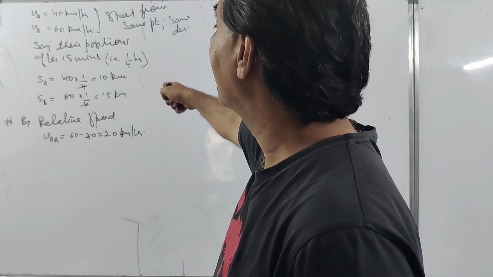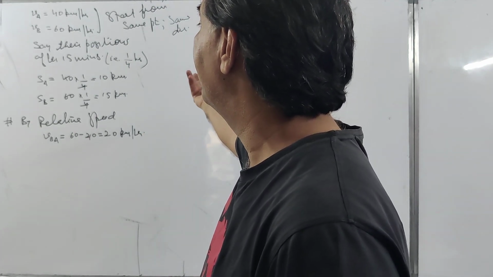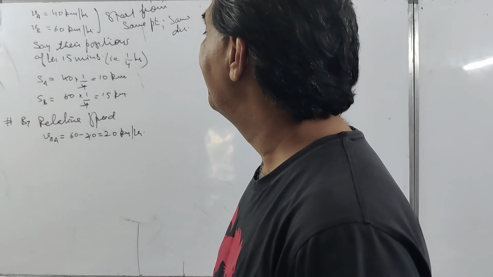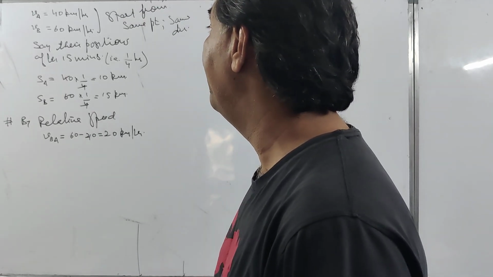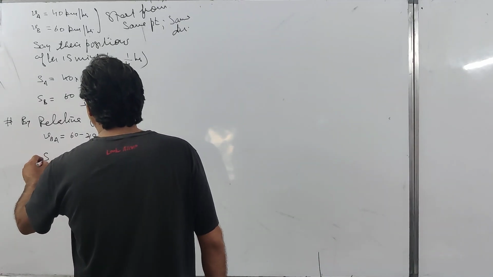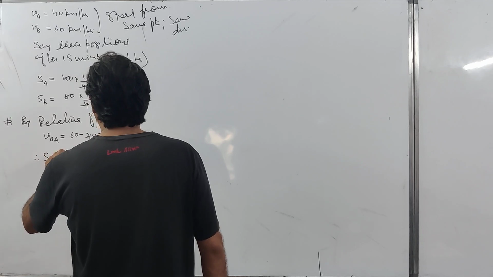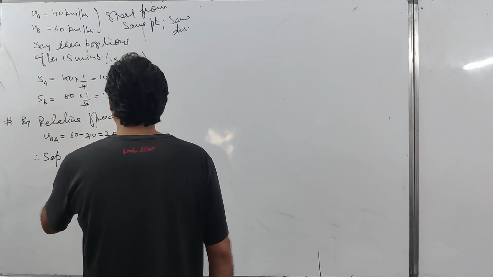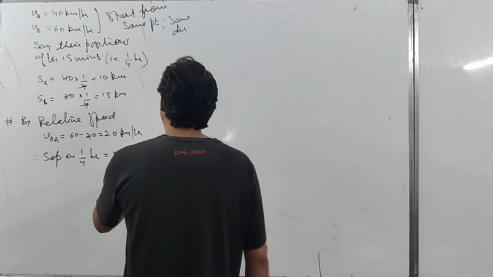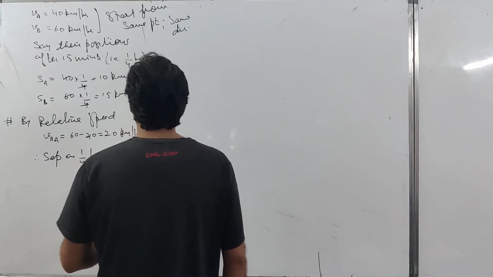In 1/4 hour, the separation between them is going to be 20 by 4, which is 5 kilometers. Okay? Separation in 1/4 hours is 20 into 1/4, 5 kilometers.